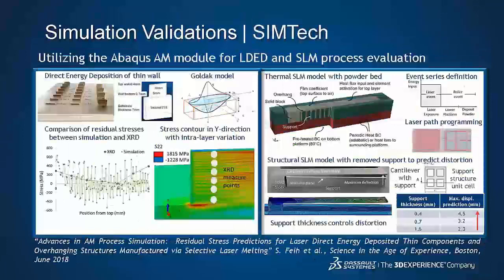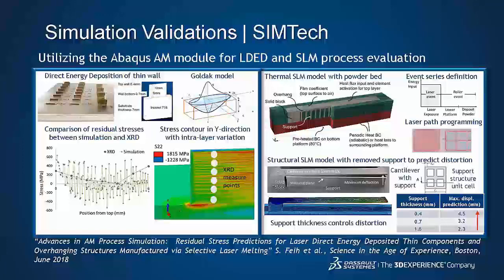This is another preview of the paper that's going to be published at the AM Symposium in June. The main purpose of this SIMTech work is to validate and optimize the process parameters by numerical simulation. Two manufacturing processes are studied: LDED, laser directed energy deposition, and SLM, selective laser melting. The modeling results are validated through microstructure studies, XRD residual stress measurements, and distortion measurements.